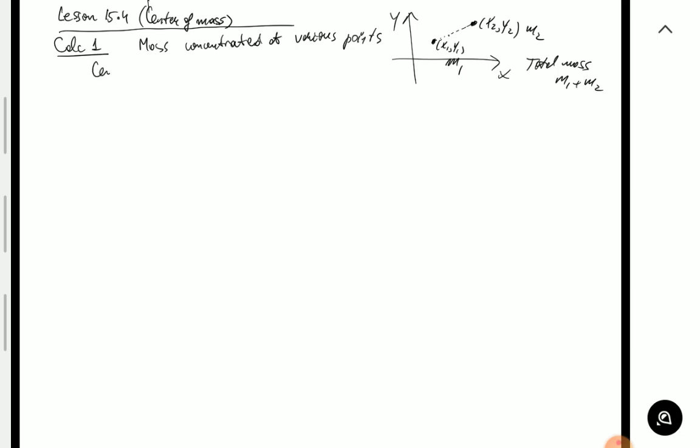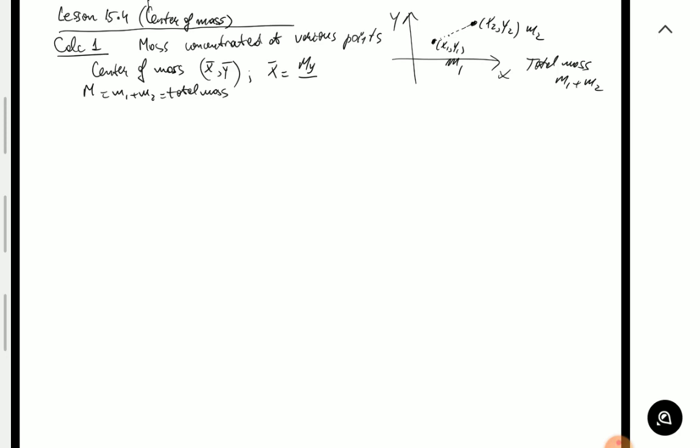The center of mass, remember, the notation differs from book to book, but it is usually denoted by x bar and y bar. The formulas for the coordinates of the center of mass are the ratio between what we call the moments with respect to the y and the x-axis and the total mass. So big M is the total mass of the system.